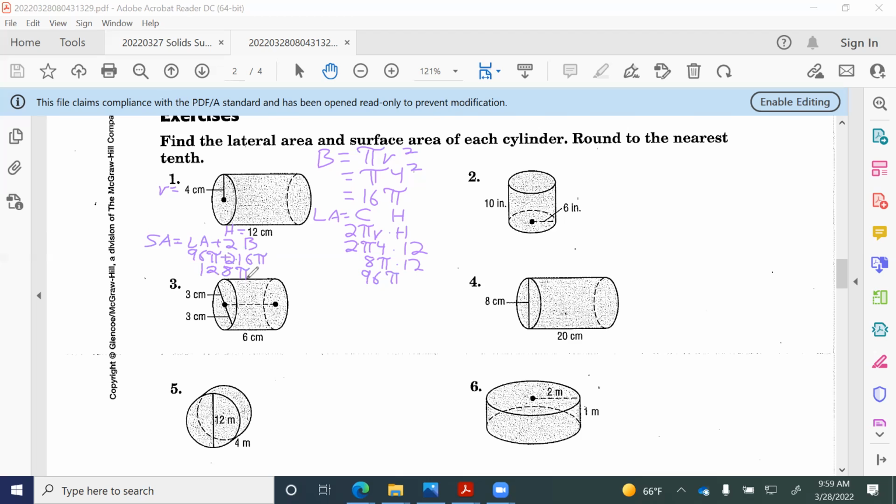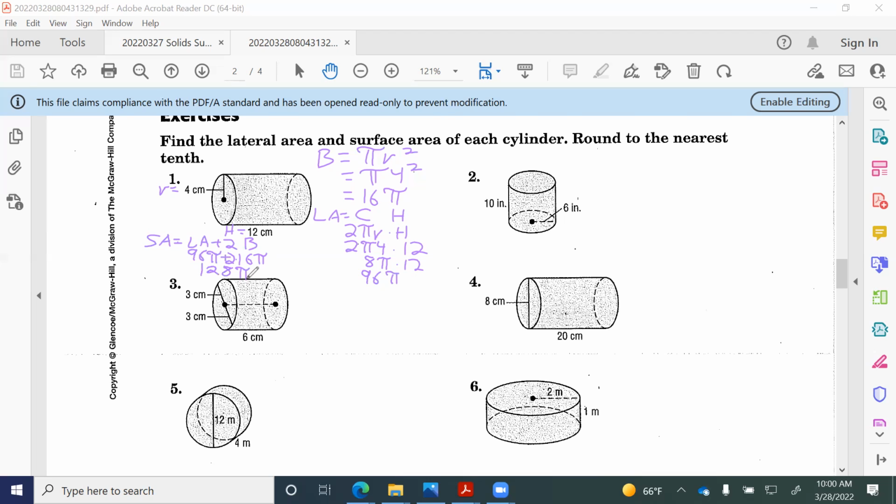Now, all my answers are currently in exact value or in terms of pi. It's easy to stay this way until the end. And then if you need to change it to a decimal, then multiply by 3.14. So if I wanted to change each one of these, I could go back now and multiply each one of those by 3.14 and get my answer as a decimal. But there's no point in dealing with decimals on any of this until we get to the very end.